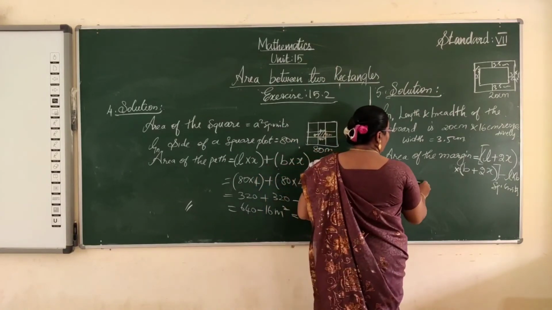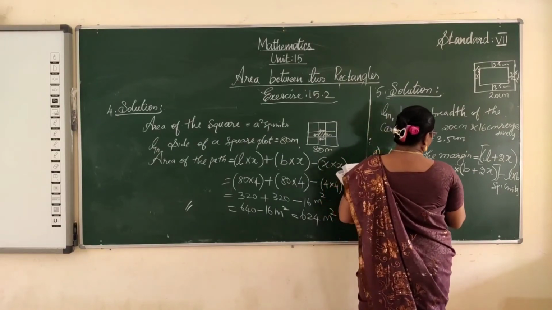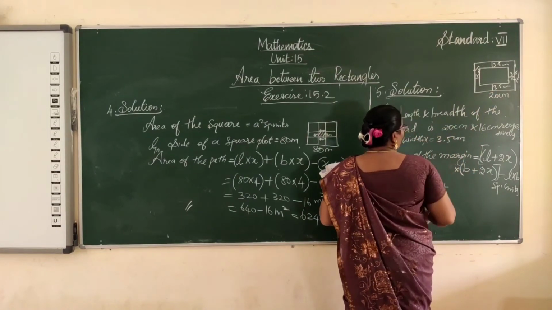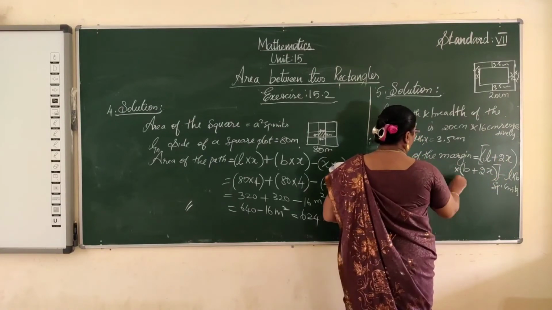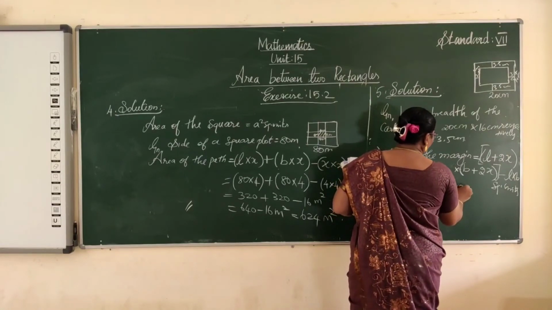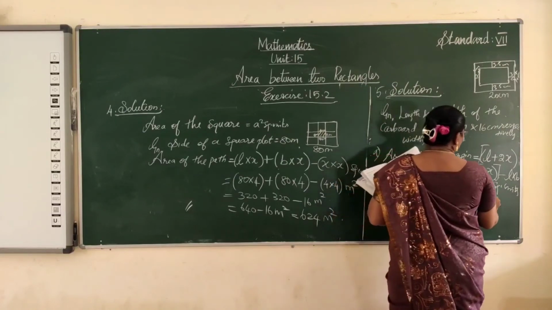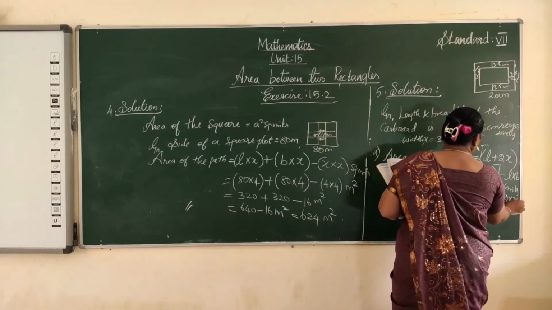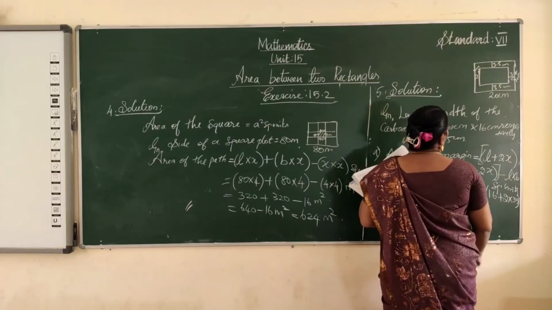Okay, so L value was 20, so 20 plus 2 into x, x value is 3.5, so 3.5 into 2 is 7. Okay, so 7, you write one more step in this place, 2 into 3.5. Then b value was 16 centimeter, so 16 plus 2 into 3.5, minus inner rectangle L into b.